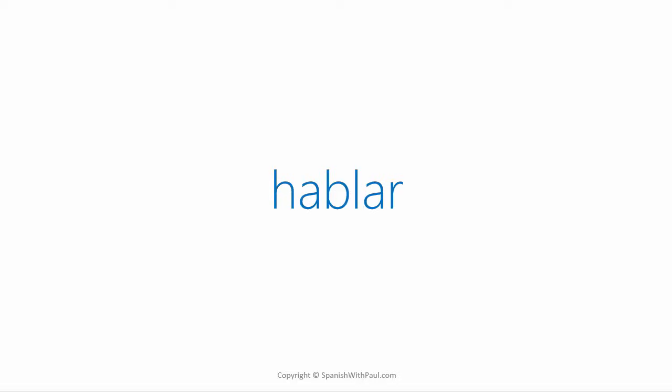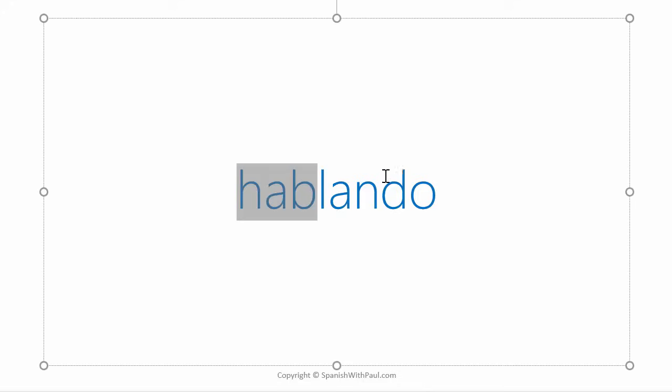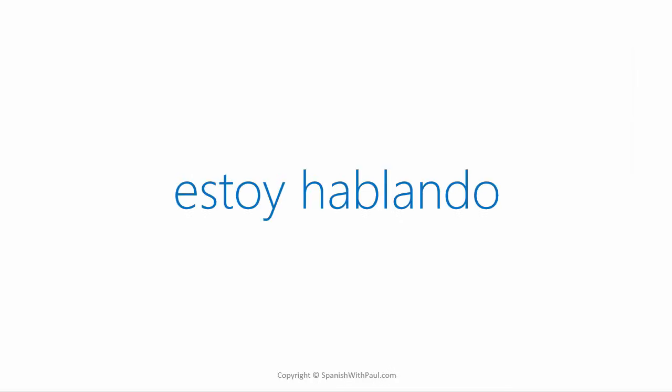Now to get the ing, or the Spanish equivalent of it, hablar becomes hablando. This ando sound is how you get the ing in Spanish. So we get hablando. So what we do is put both parts together. I am speaking would be estoy hablando.